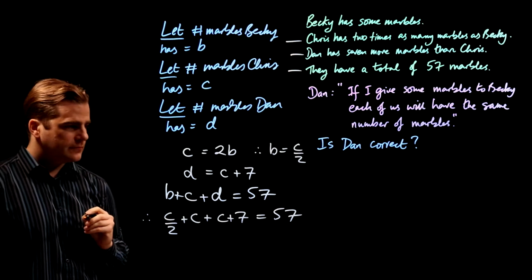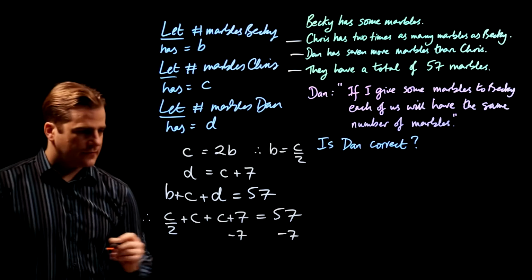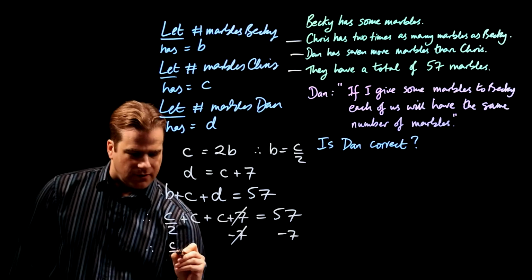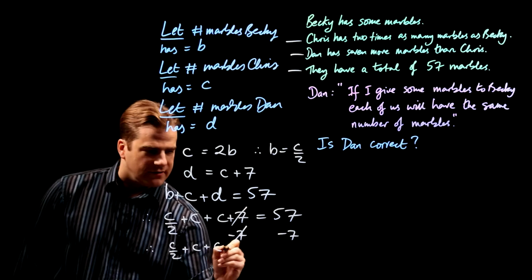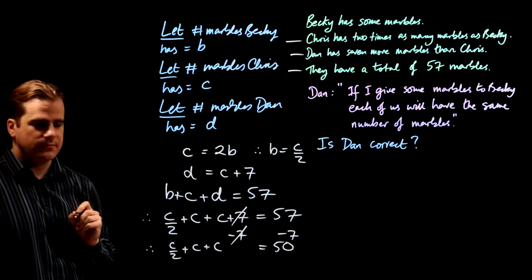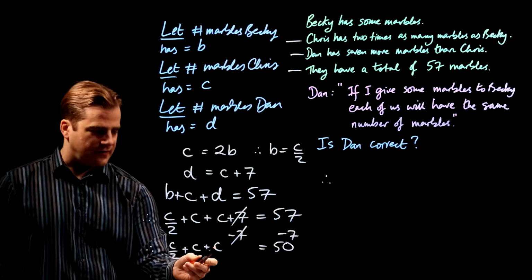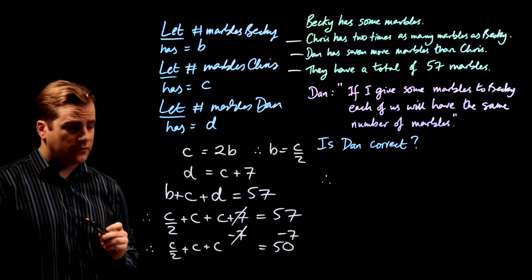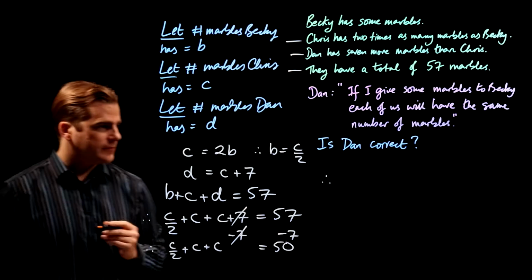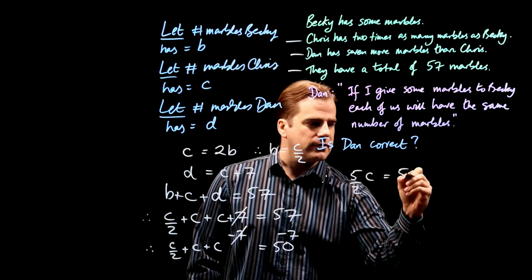Okay? Subtract 7 from both sides to get that 7 over there. And we get C over 2 plus C equals 50. Okay? Therefore, C over 2 plus C, that's a total of 2.5 C's, which is 5 over 2 C. So therefore, 5 over 2 C equals 50.